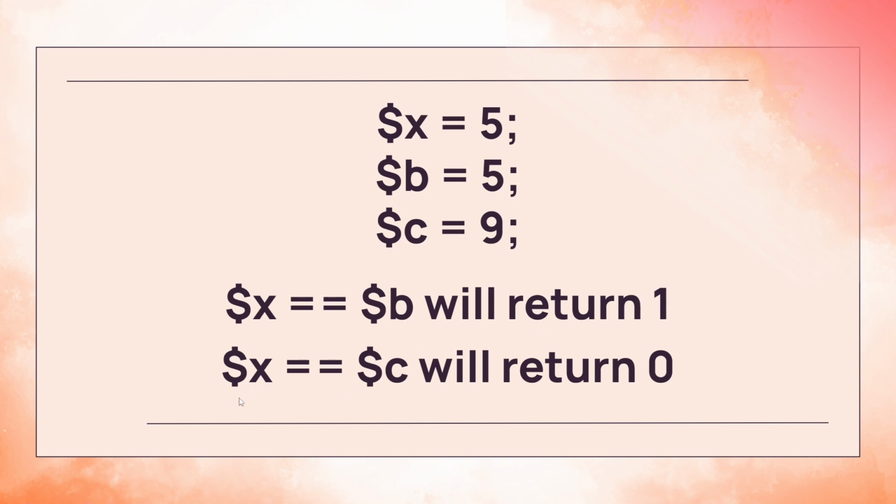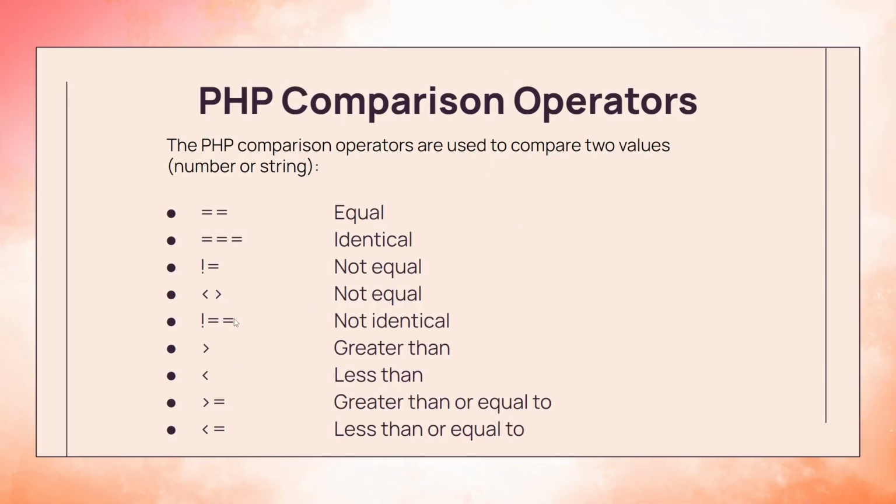And similarly, if you type echo the first variable, this comparison operator and your third variable 9, this 9 is not equal to this x value, 5, so it will return 0. But in this case, it will print nothing on the screen. Nothing means an empty string. So let me show you practically and we will learn all these operators one by one.